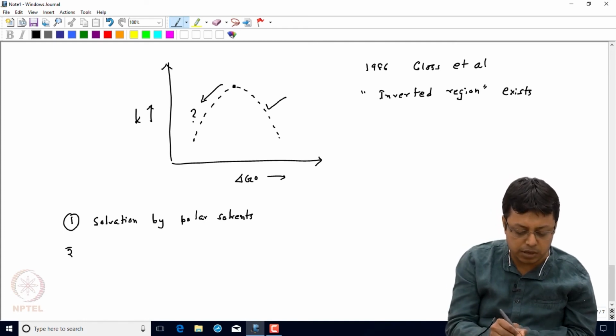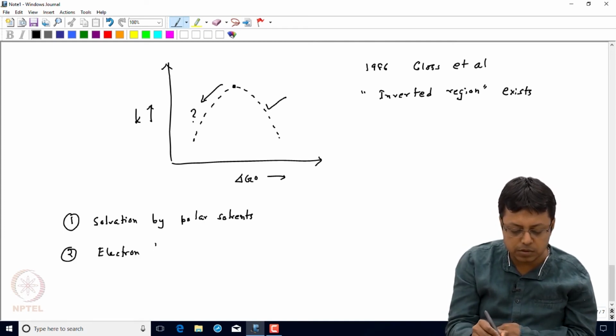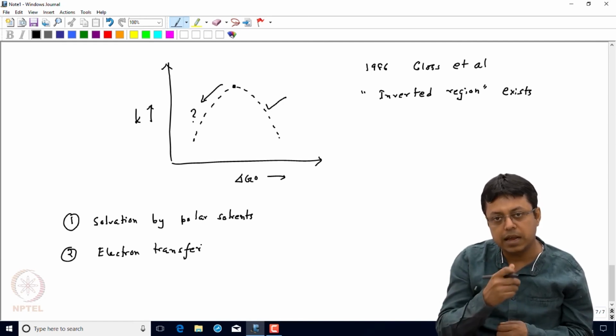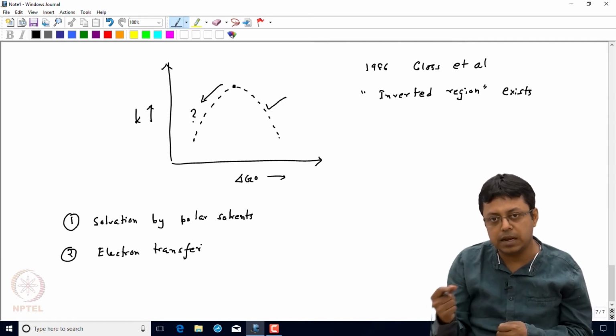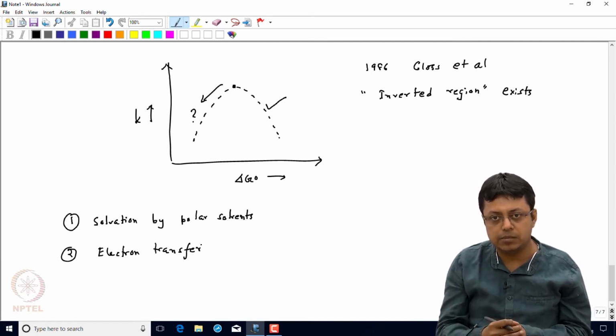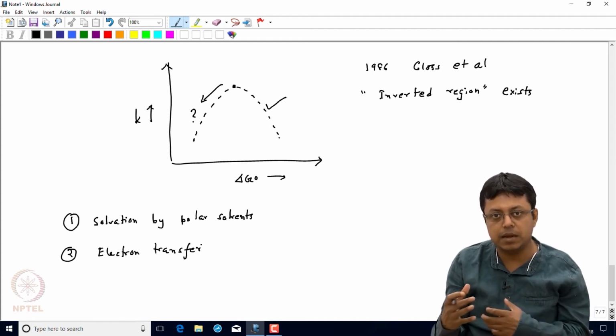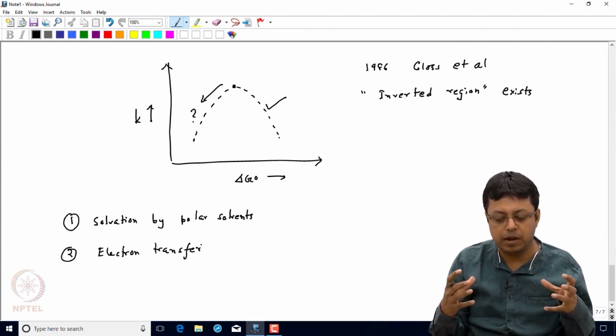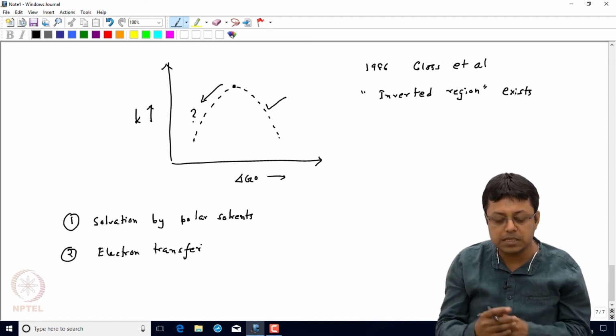And secondly, we talked about electron transfer. Under electron transfer, we talked first about the inner sphere electron transfer, when a ligand, which is part of the inner coordination sphere, can participate directly in the electron transfer reaction, as if mediated by ligand exchange and by formation of a mu bridging complex.